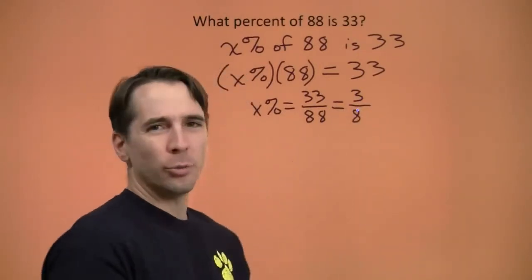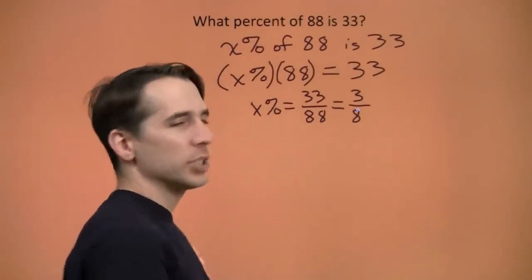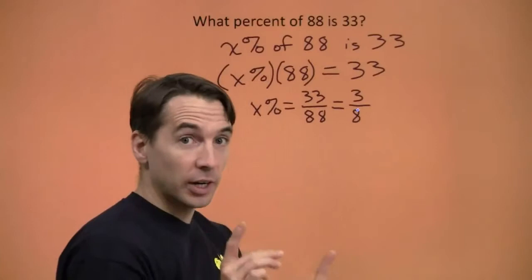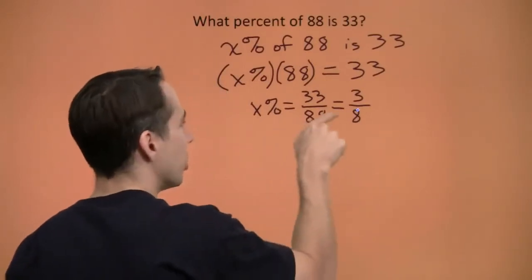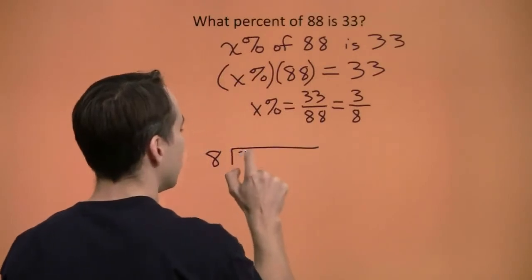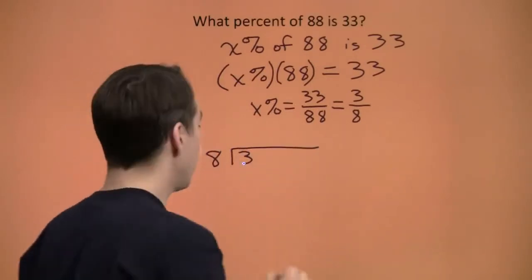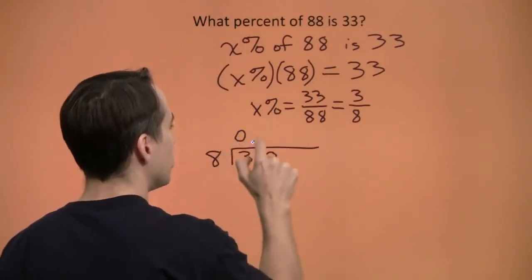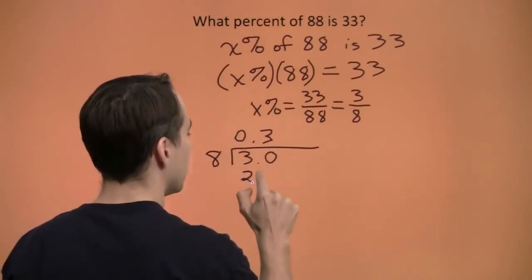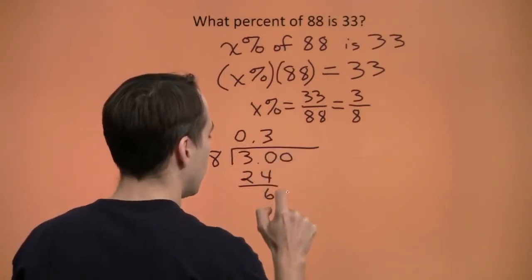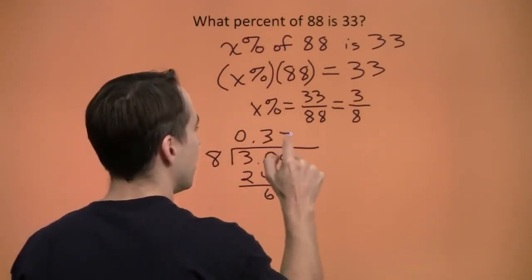So now we need to turn 3/8 into a percentage. One way we can do that is turn 3/8 first into a decimal, because it's very easy to turn a decimal into a percent. One way we can do that is just dividing the 8 into the 3. 8 doesn't go into 3, so I'm going to need some tenths. 8 goes into 30 3 times. Gives us 6 left over. Bring down another 0. 8 goes into 60 7 times.